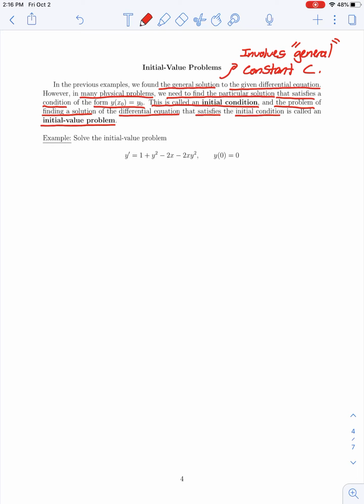And that type of problem is called an initial value problem, solving a differential equation that is also given some initial condition.